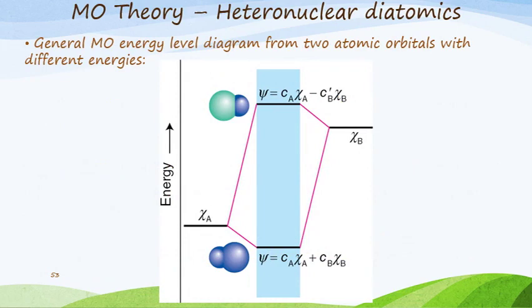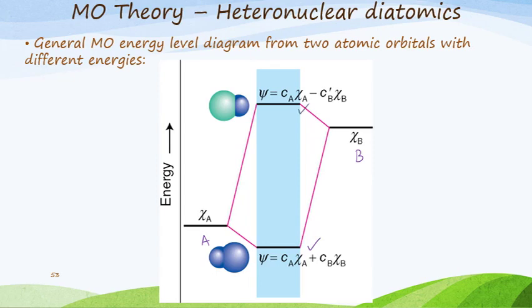Okay, so this is the general molecular orbital diagram for two atomic orbitals with different energies. This will be for atom A, and this will be for atom B. We have the atomic orbitals for A and B. You can see that atom A has lower energy than atom B, and in this case, this will be the bonding orbital over here, and this will be the anti-bonding orbital over here.